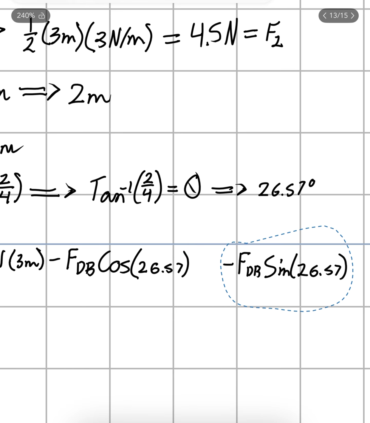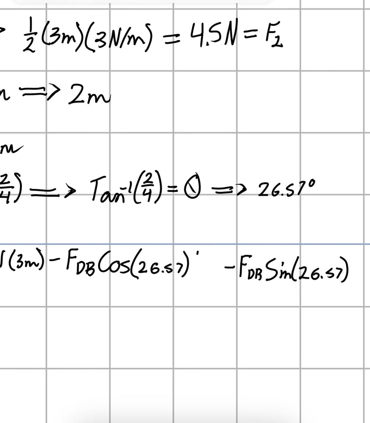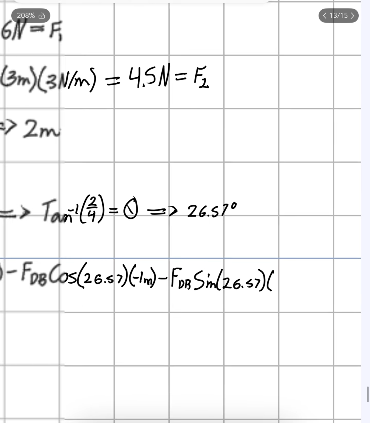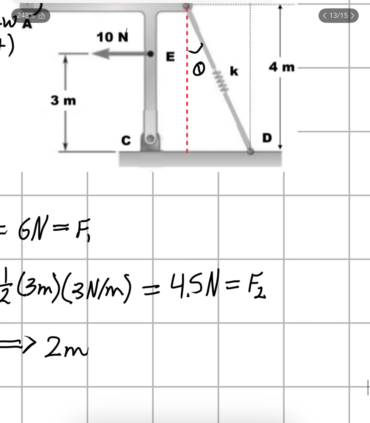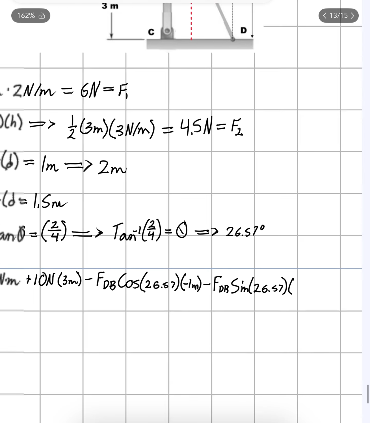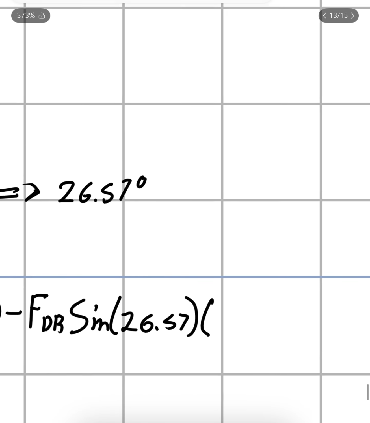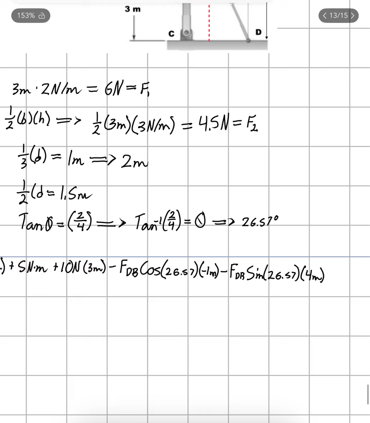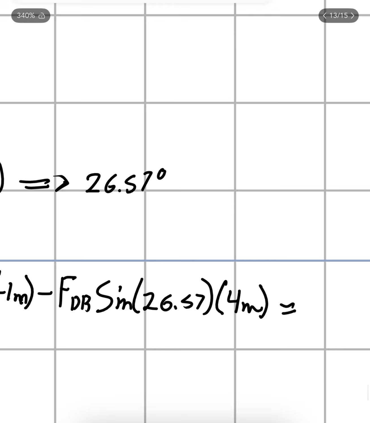So negative 1 meter, and for the D, that is positive 4. Now, we know this equals 0.